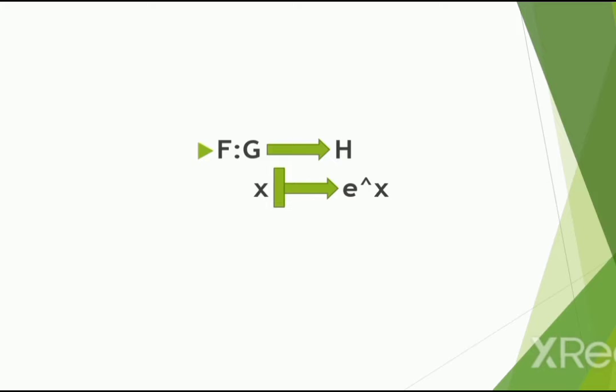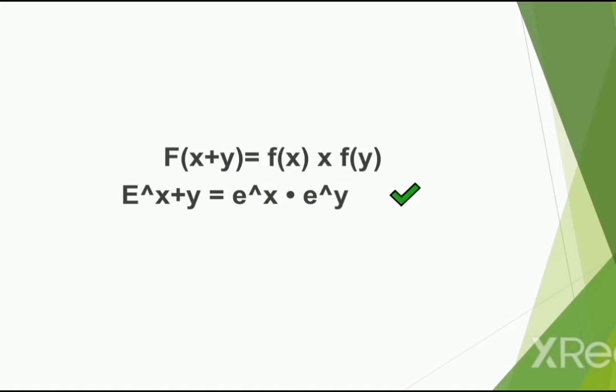To make sure this is a homomorphism, we need to verify that f of x plus y equals f of x times f of y. Don't forget that the group operation for G is addition, while the group operation for H is multiplication.